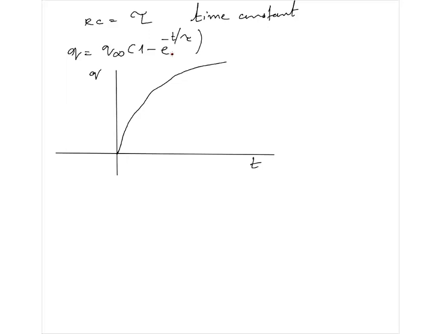Q becomes 63% of its maximum value. That's the significance of time constant. So you can see in one time constant itself, it has reached 63% of its maximum value. And time constant is equal to RC.